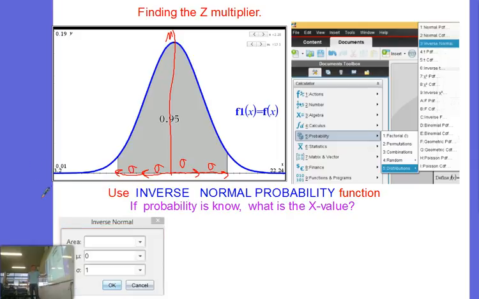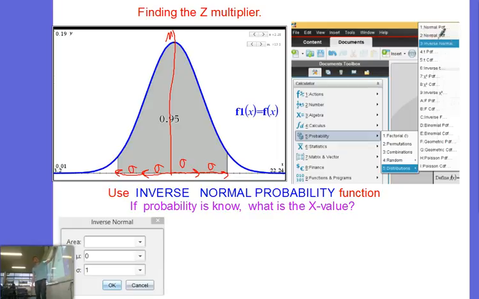So can everyone find the inverse normal function on your Kaz? So you go to probability, then you go down to distributions. Okay, now the distribution we're looking at that we want to find probabilities of is the normal distribution. So you've got 1, 2, 3 up here. You've got your normal PDF, which is the probability density function.